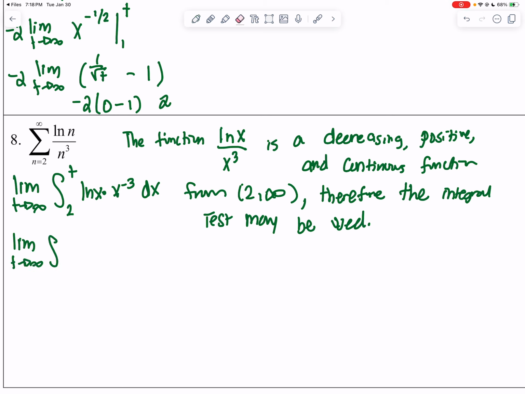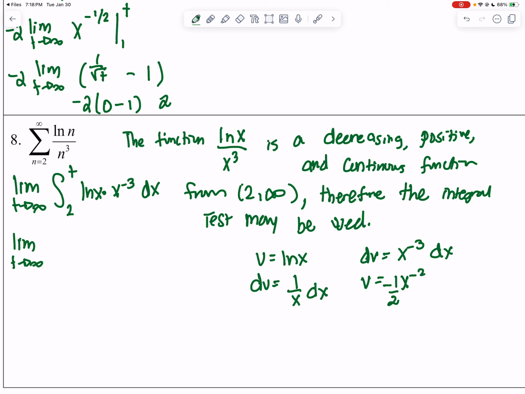All right, so let's go ahead and do integration by parts on the side. Up your power and divide. That's going to be negative 1/2.